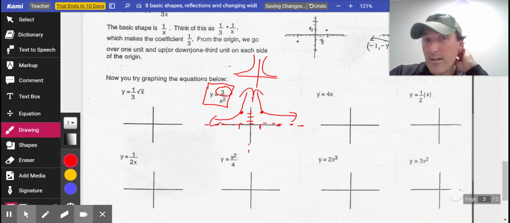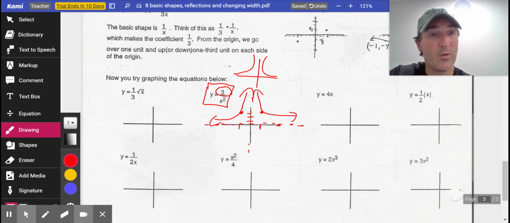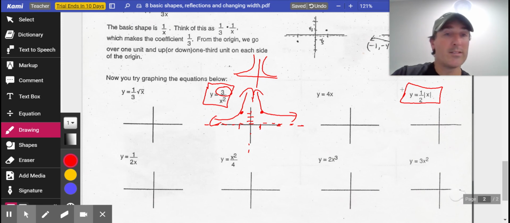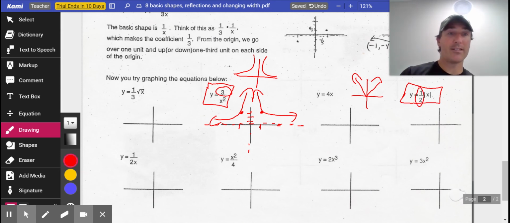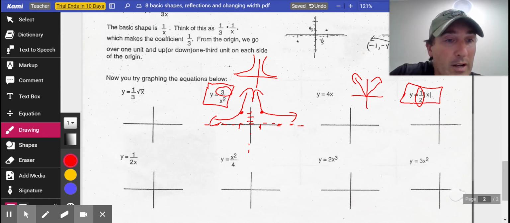All right. Let's see what else we could do. Let's take a look at this one. Now this one's the V shape, but since the a value is 1/2, it's going to get wider, right? It's a fraction, it's less than 1. You're still going to have this vertex at the origin, but now the slope is 1/2.